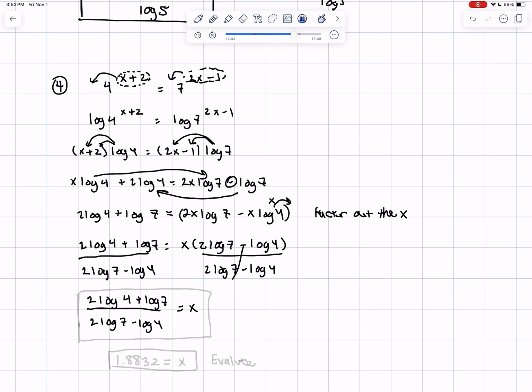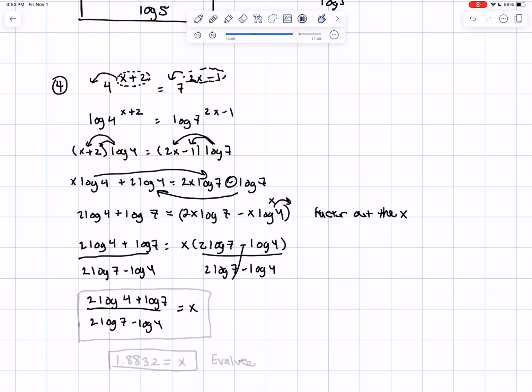Now, if they asked us to evaluate, you would put this in your calculator. So 2 log of 4 plus log of 7 divided by 2 log of 7 minus log of 4.